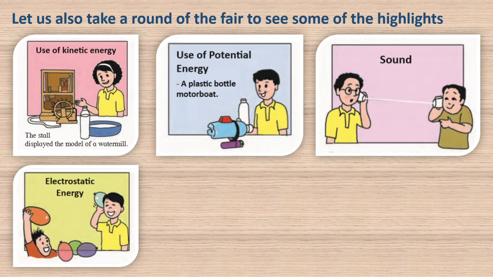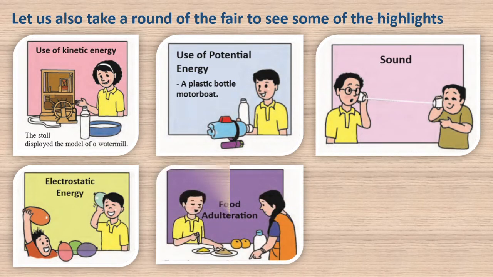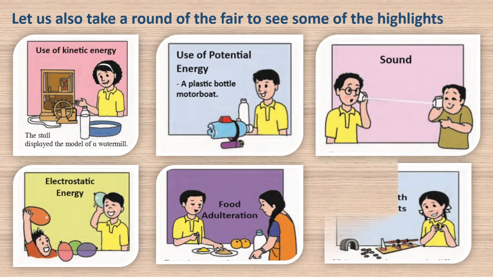Electrostatic energy. This stall was so popular that additional help was needed to blow balloons as quickly as they were used up. Food adulteration. Even the parents learned something at this stall. Fun with magnets. Visitors queued up to see the different types of magnets at work.